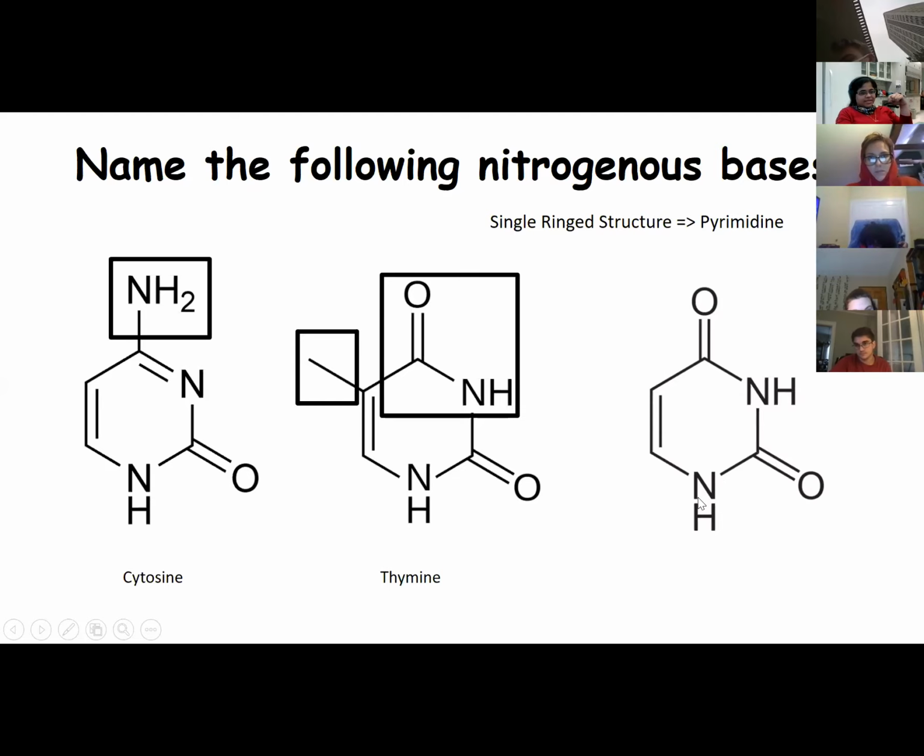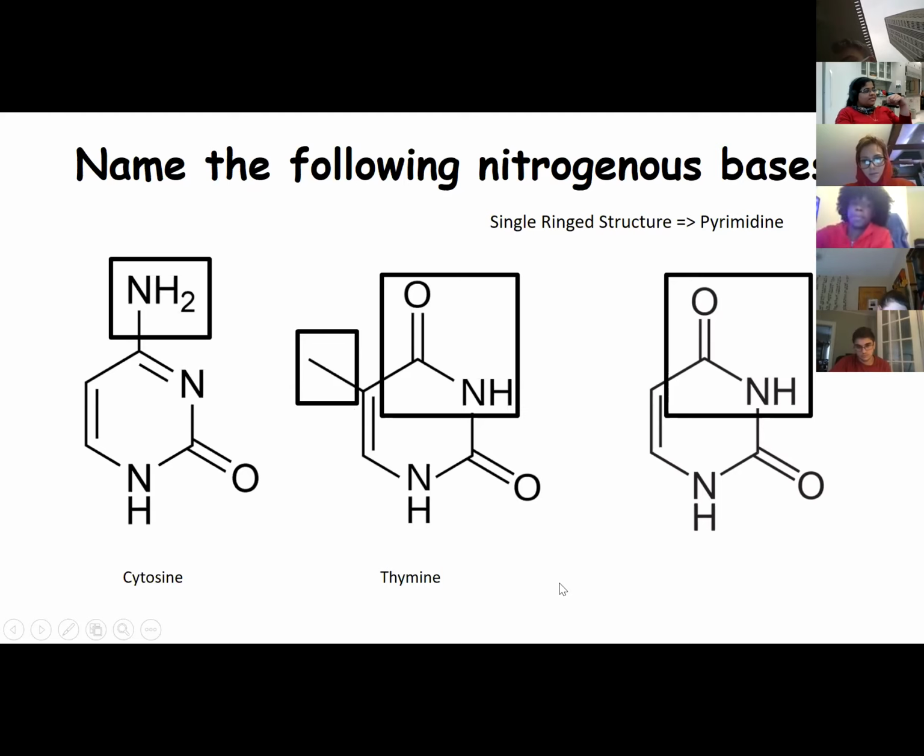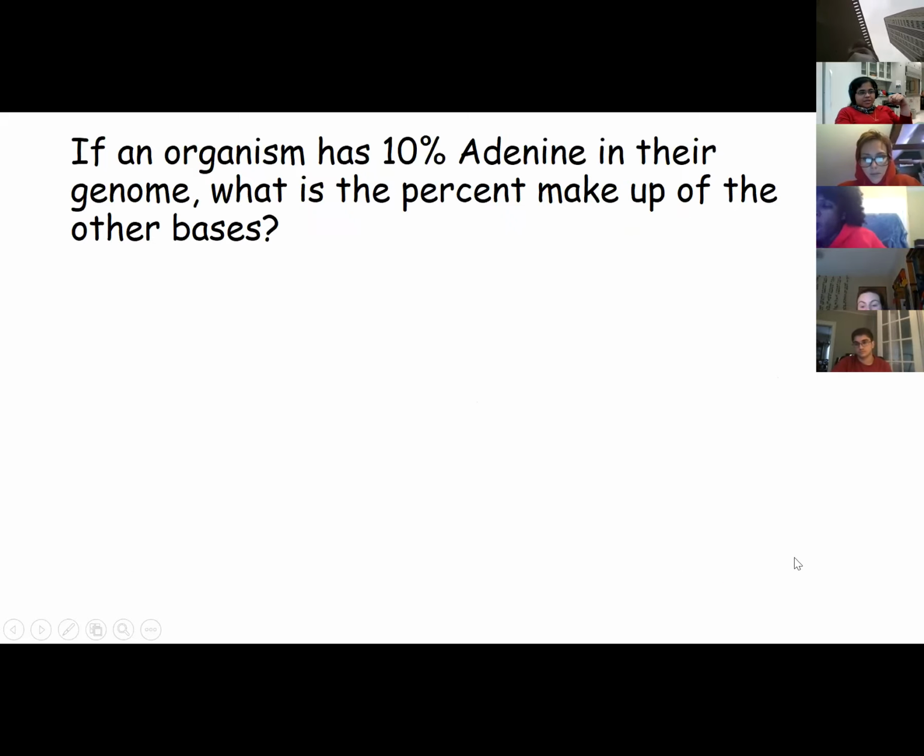Uracil? Yep. So these two are similar. As long as you remember thymine has the methyl group, you'll be able to distinguish those guys. Does that help? Okay. So that's uracil. Happy uracil.